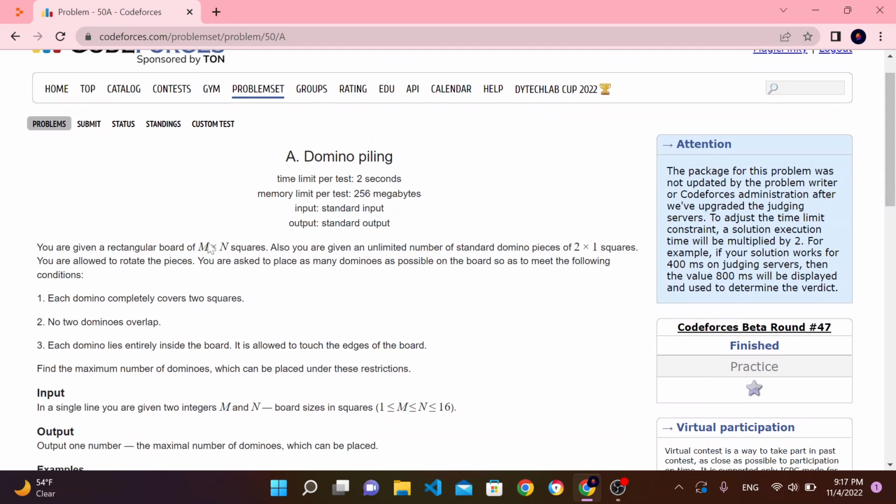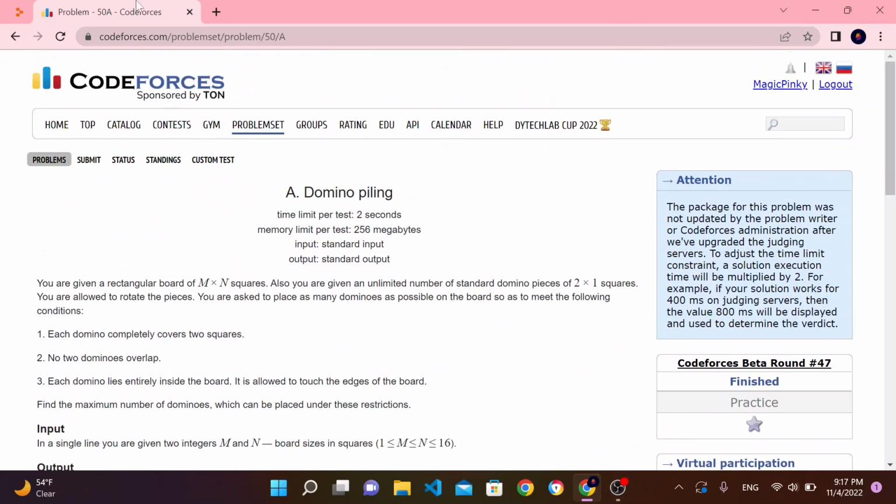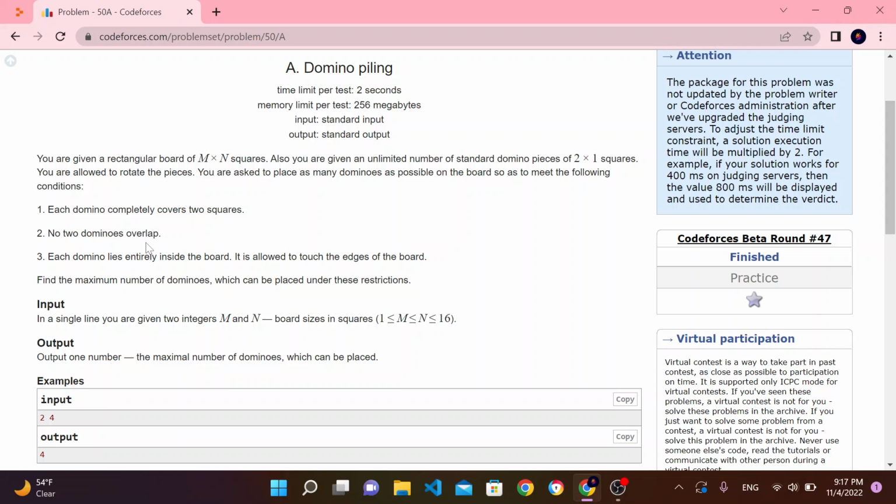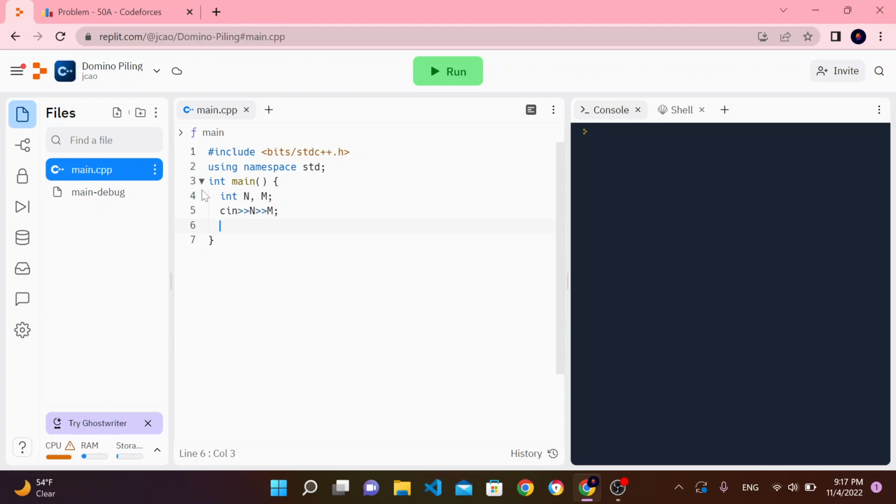Alright, so let's implement an idea. We'll have an int n and an m, and we'll read them in, and we'll create, I guess we'll call it total, and that would equal n times m.